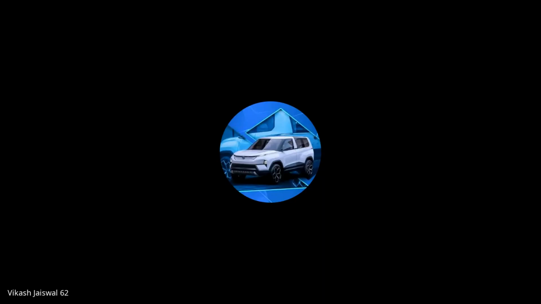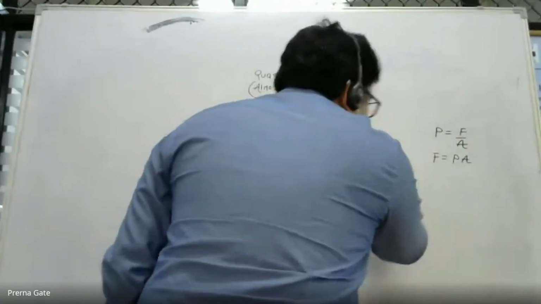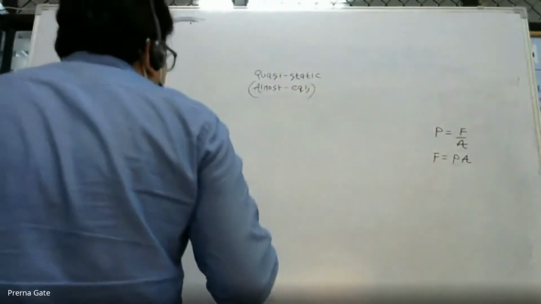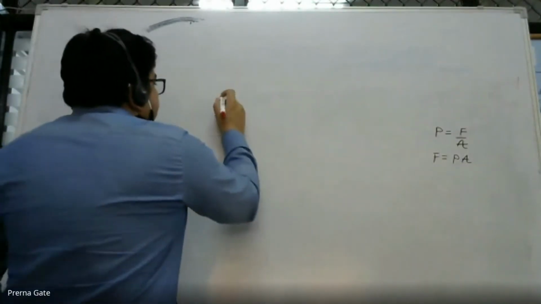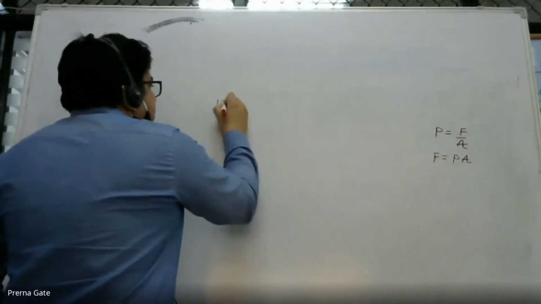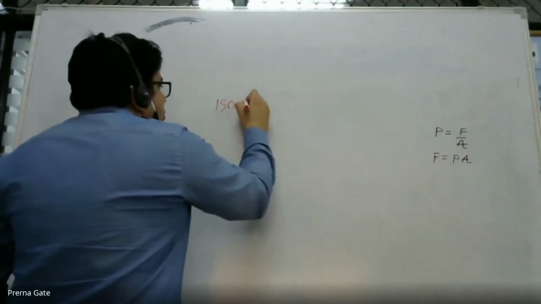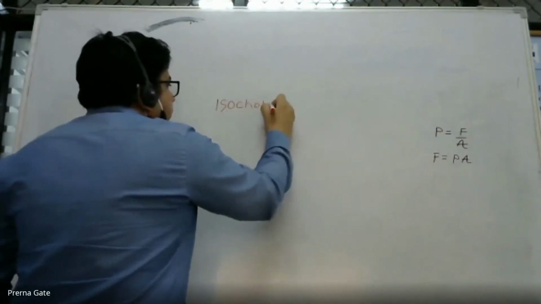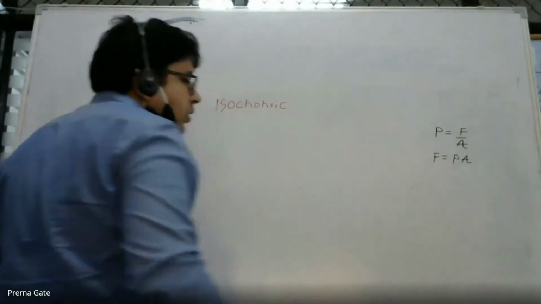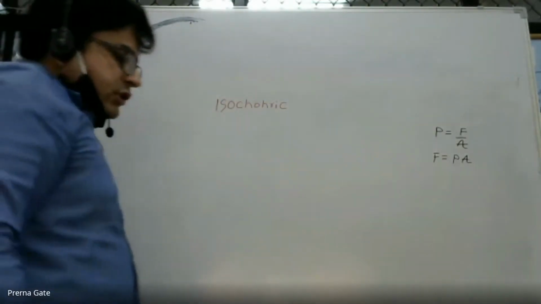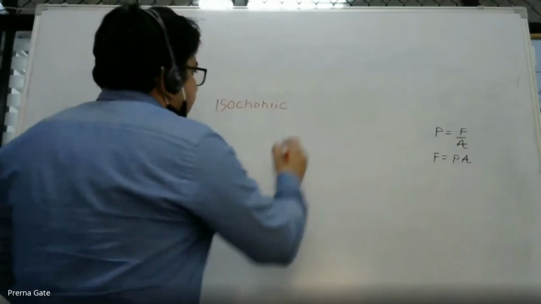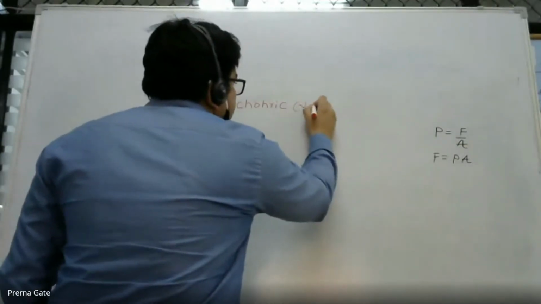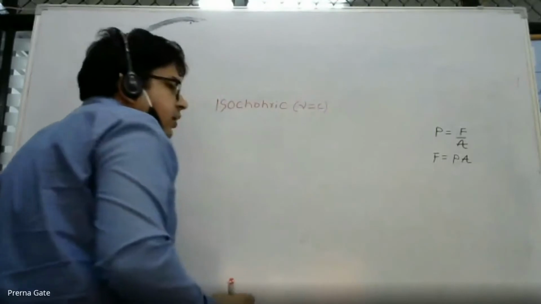Okay. So I will illustrate certain processes. Isochoric. The isochoric process is the process in which the volume remains constant.